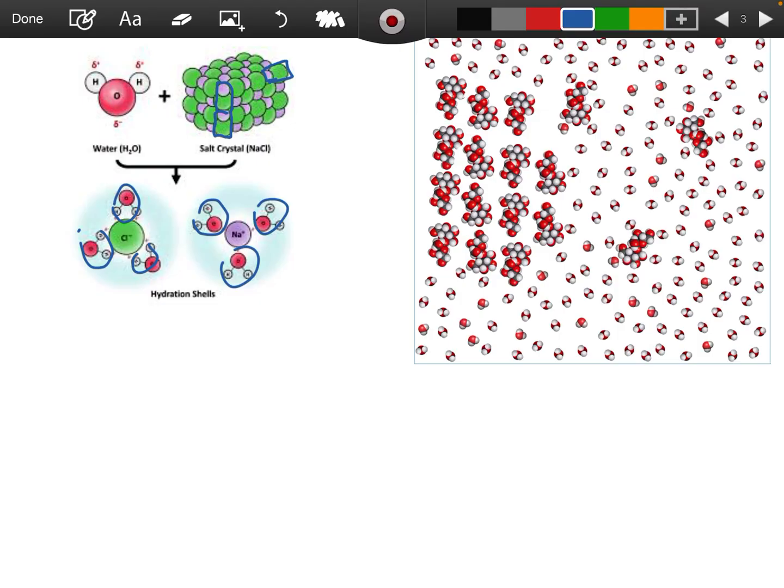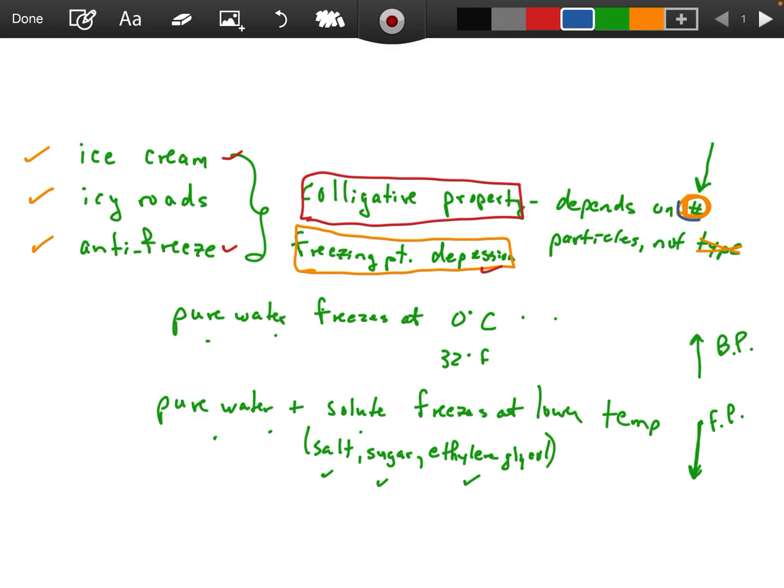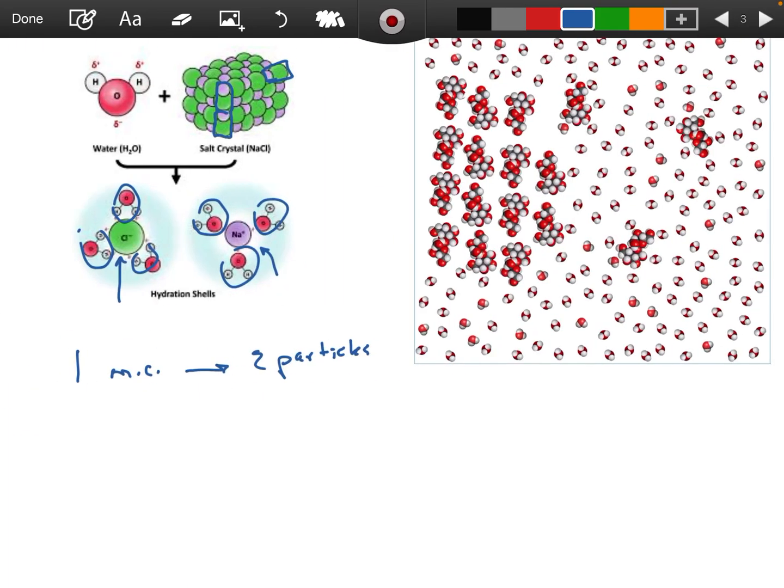And therefore, it becomes something that we can no longer see because it's dissolved. In salt's case, water molecules will surround each atom in the molecule and carry them off. So one salt molecule will actually give us two particles when dissolved. Again, colligative properties deal with the number of particles. The type of particle is unimportant.